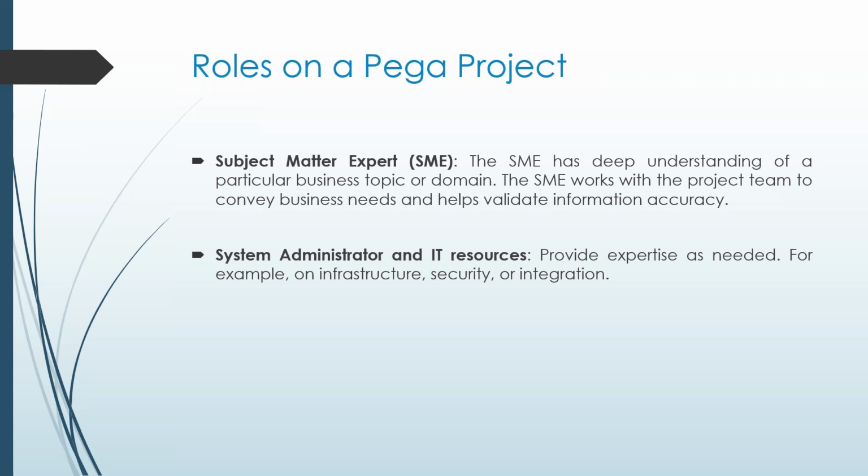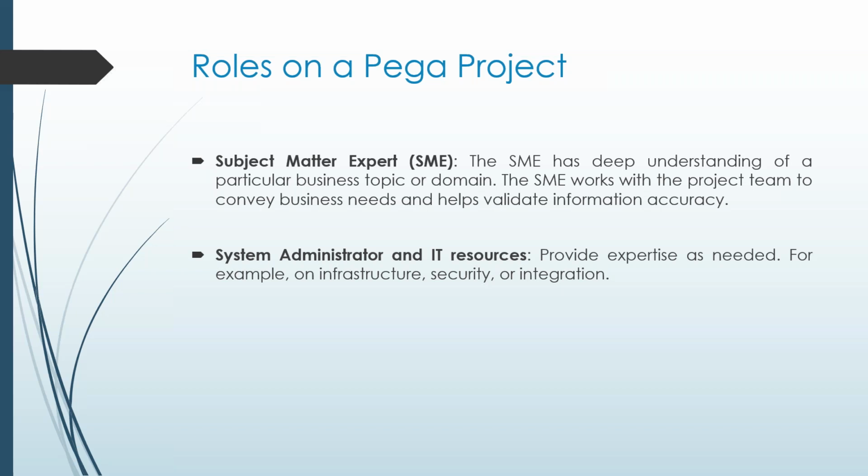Probably my team size is just six members, so the LSA or the team lead will act as a system administrator as well. It completely depends upon the requirements of the project what roles are engaged. So these are the various roles.